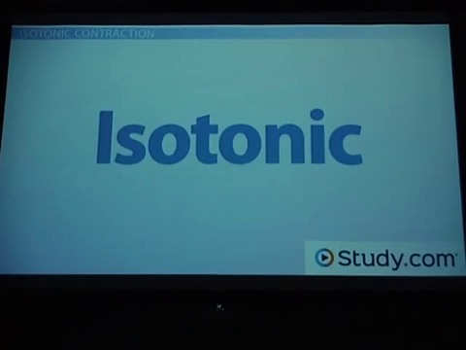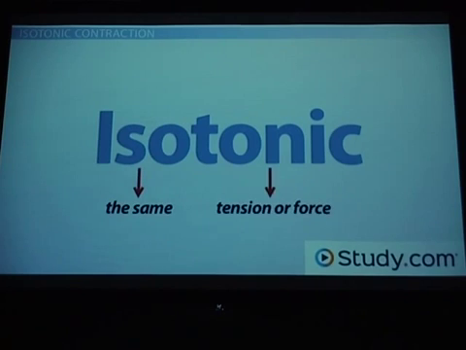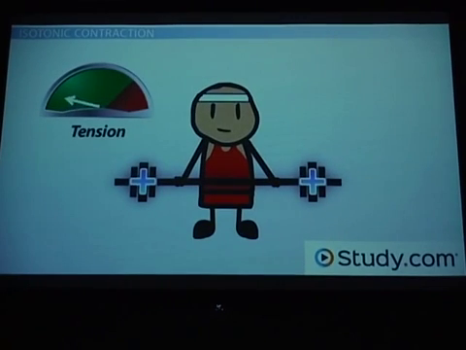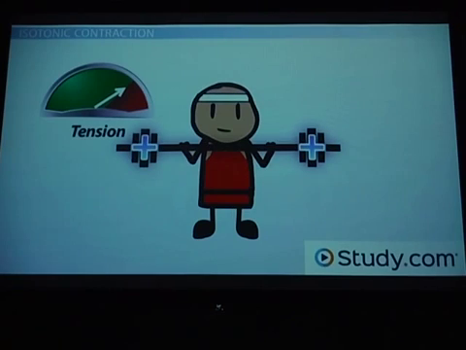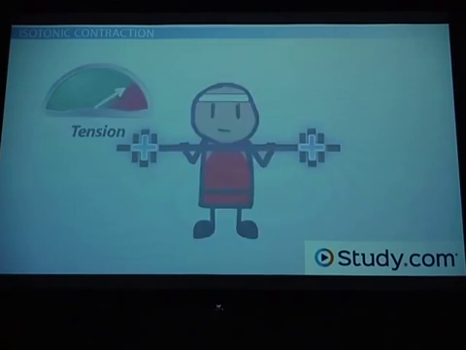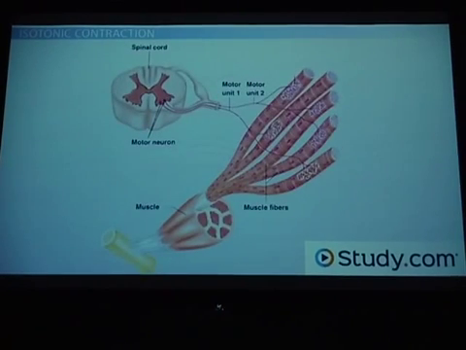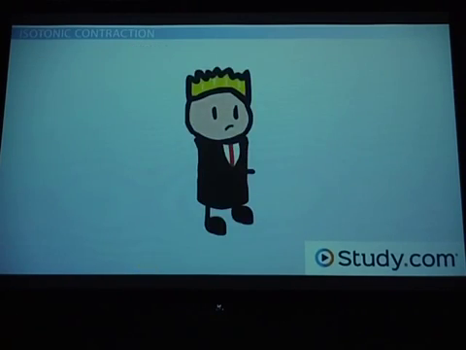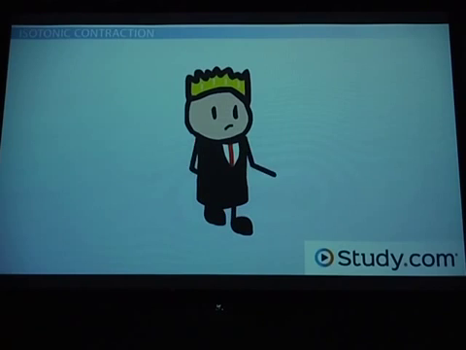Isotonic literally means same tension, where iso means the same and tonic refers to tension or force, in this case in the muscle. In an isotonic contraction, tension develops to a point and then remains constant while the muscle changes its length. In other words, motor units are activated to develop the necessary tension in the muscle. We utilize isotonic contractions when we move our limbs.